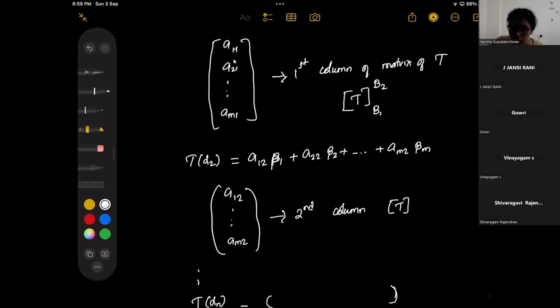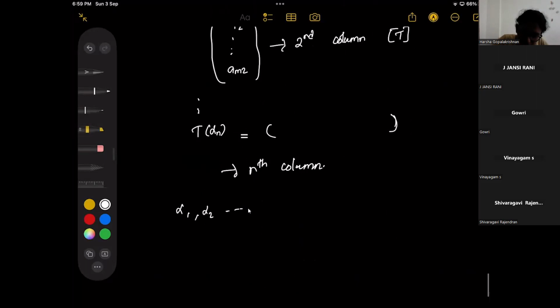So how many rows will it have? Alpha 1, alpha 2, etc., alpha n give n columns. That means alpha 1 gives one column, alpha 2 gives the next column, etc. Alpha n will give the nth column.